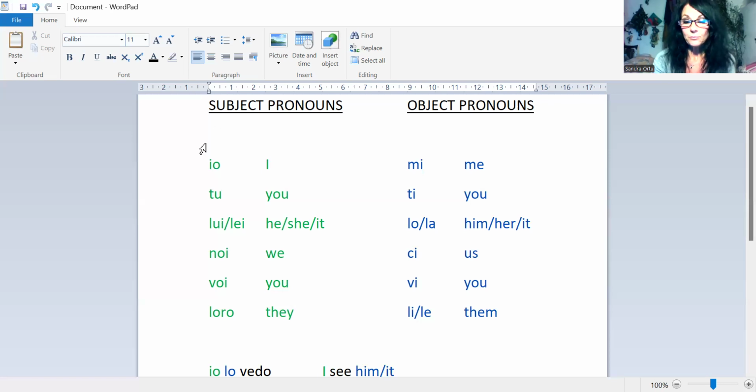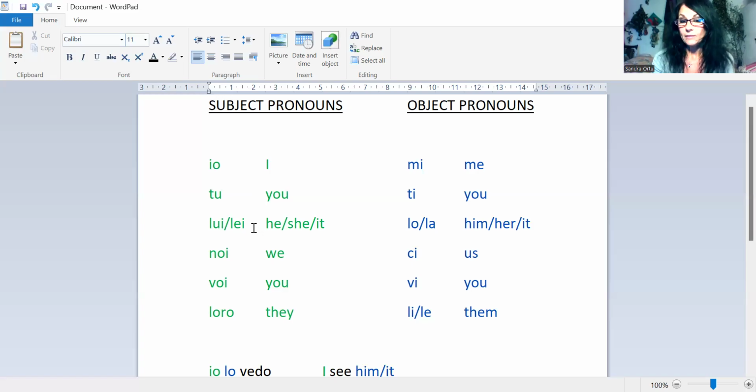So the subject pronouns, as I said, we have seen them from lesson one, where we saw only the first one, io, which is I. Then we have tu, which is you, singular. So this is when I am talking to a person directly. And then we have lui, which is he, lei, which is she.